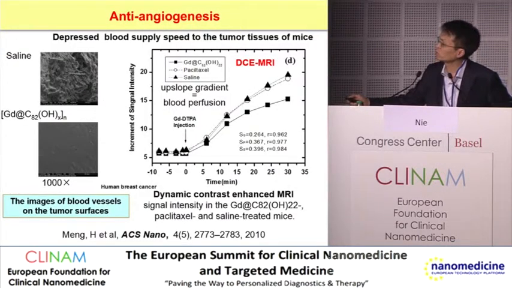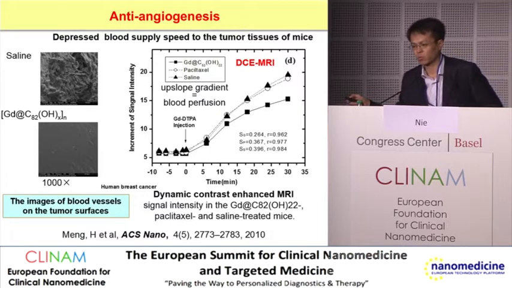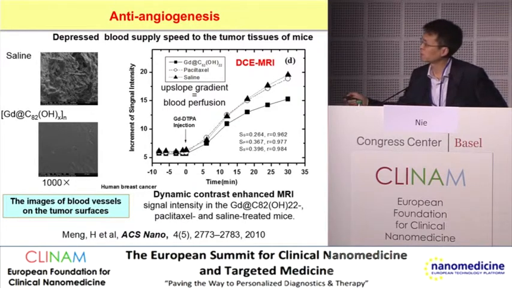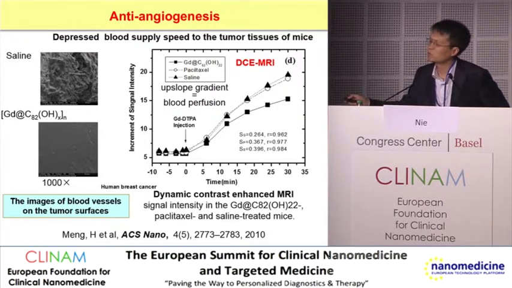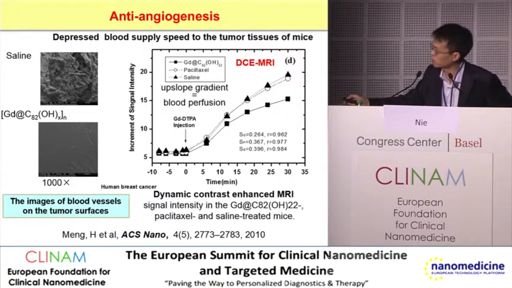So we first started with the angiogenesis process, because we know many blockbuster drugs have already been developed based on this strategy. We wanted to see if these new nanoparticles can inhibit or interact with angiogenesis.